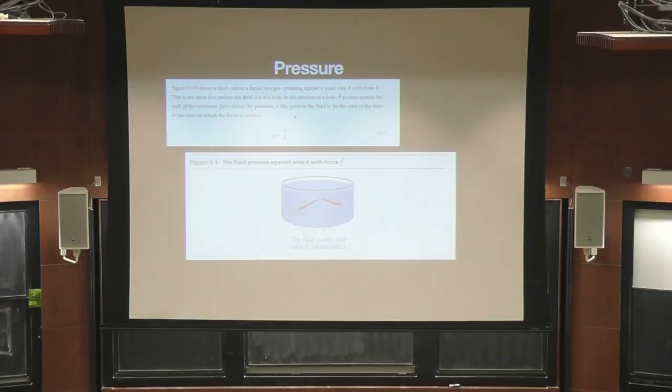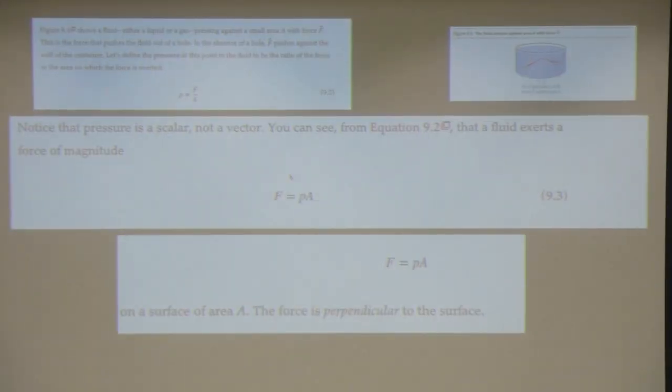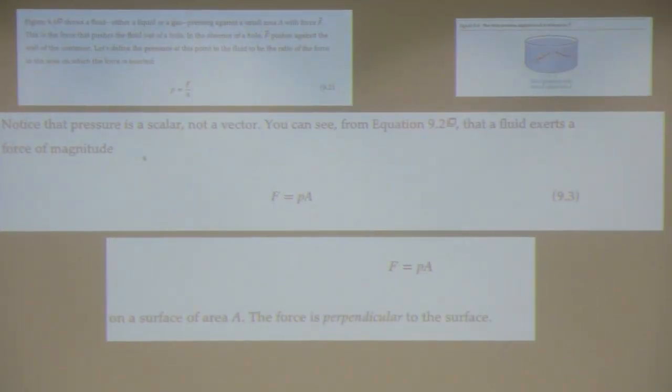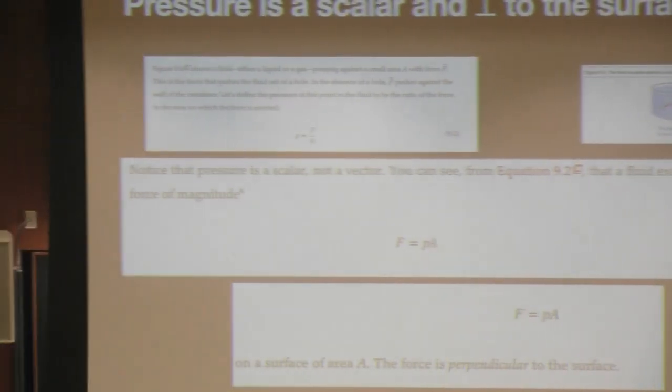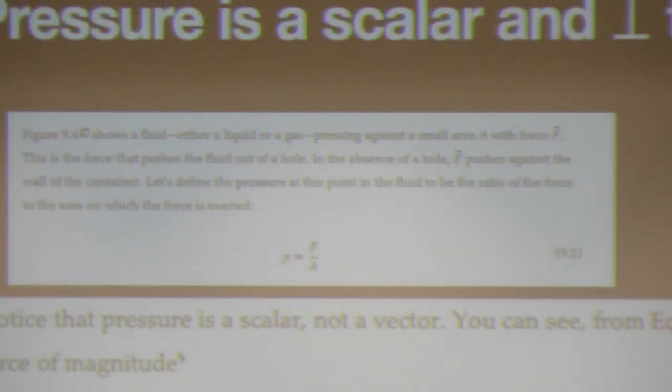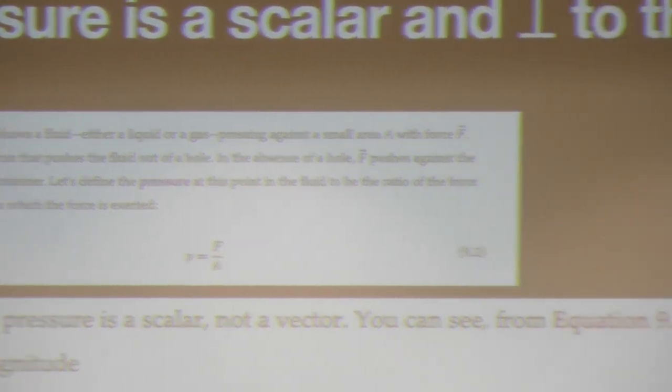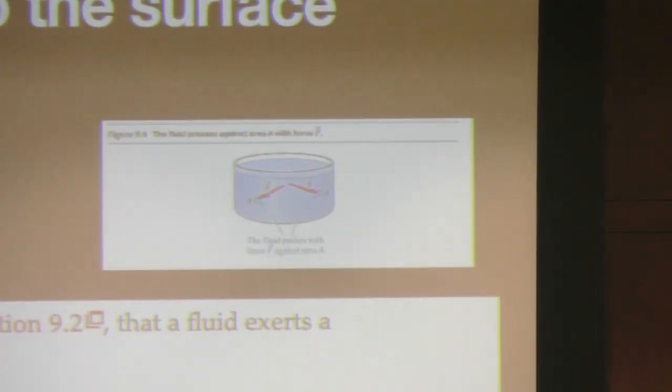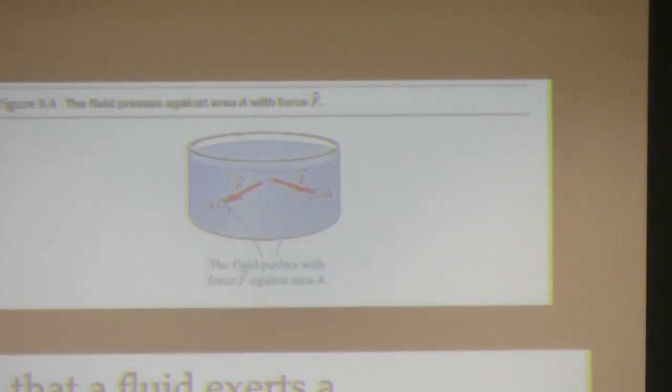So then we can combine that and note that the pressure is a scalar, not a vector. So the force that a fluid exerts has a magnitude of P times area. So when I said force here, I need to be a little bit careful. I mean the magnitude of the force, not necessarily the direction of the force.